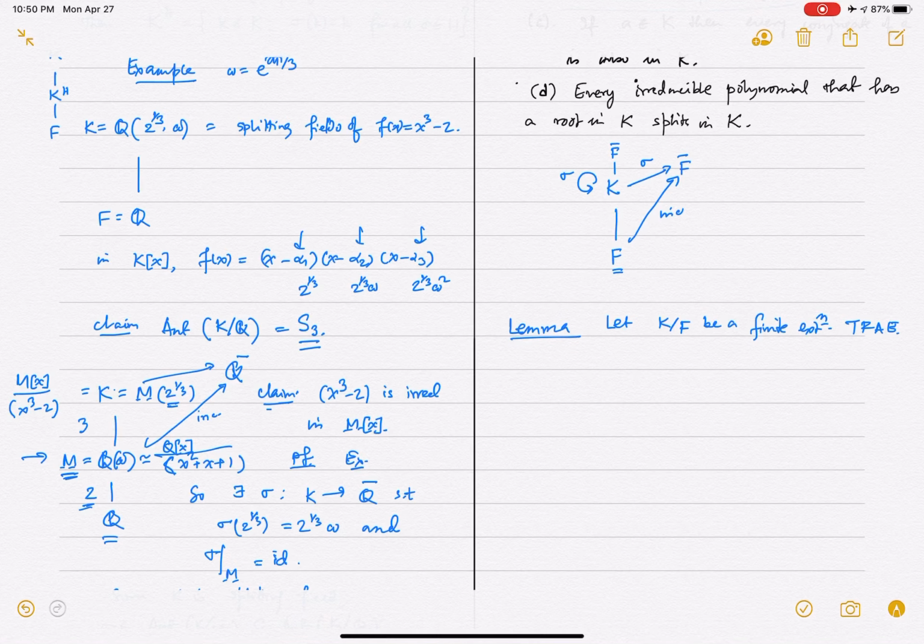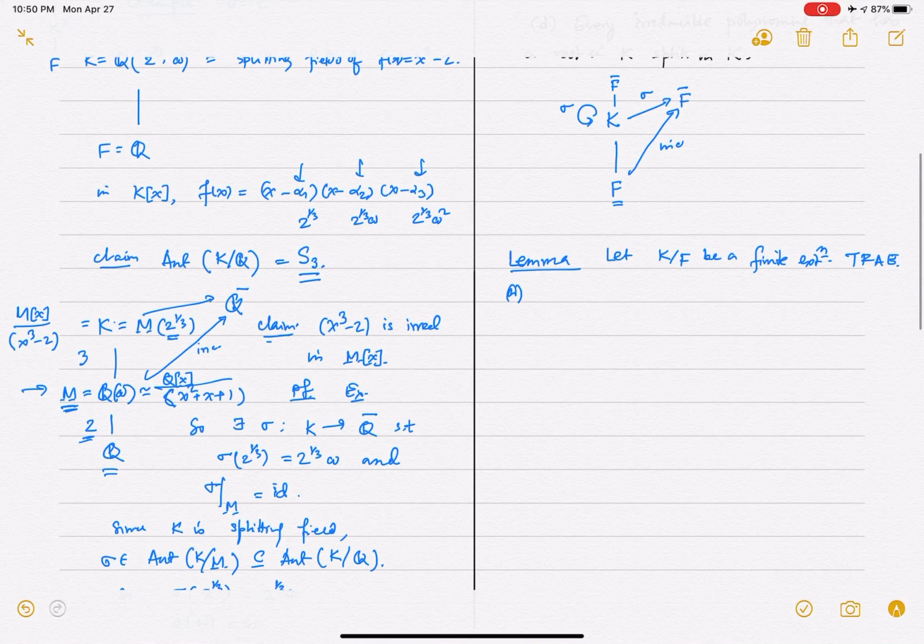So we'll state this now and prove next time. k over F is normal and separable. So it's a splitting field extension and every element is separable, meaning the minimal polynomials have all distinct roots. So if you're in characteristic 0, you are only talking about splitting field extensions. This second condition is redundant.